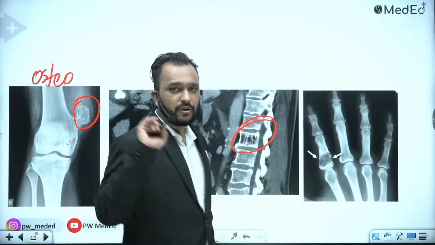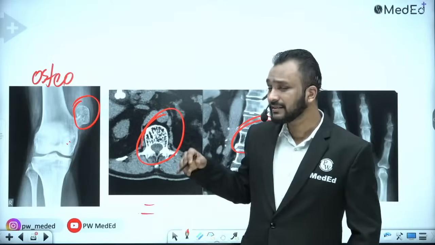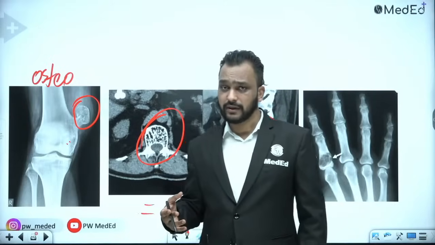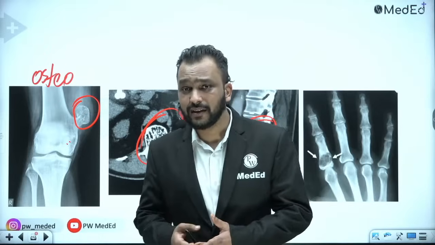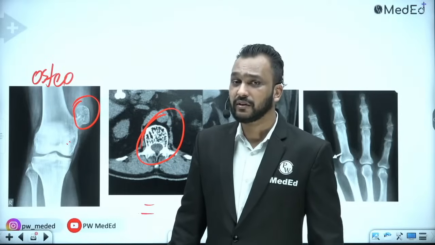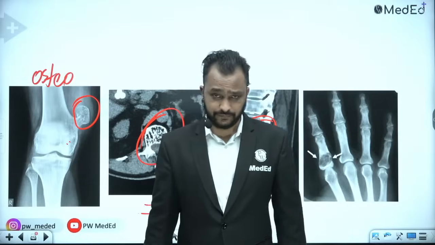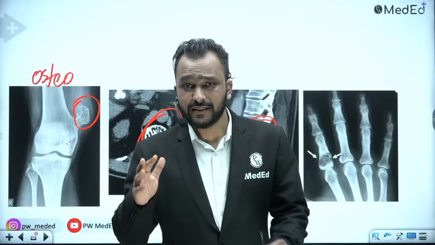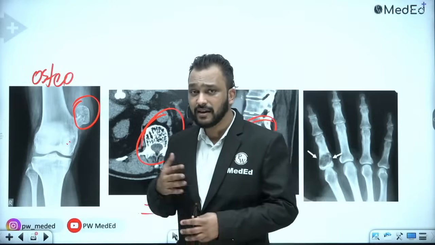So for osteochondroma, you should know that it has a chance to become malignant also, right? What other tumor can become malignant? Chondrosarcoma. So there are some signs which can tell that the tumor is turning malignant.